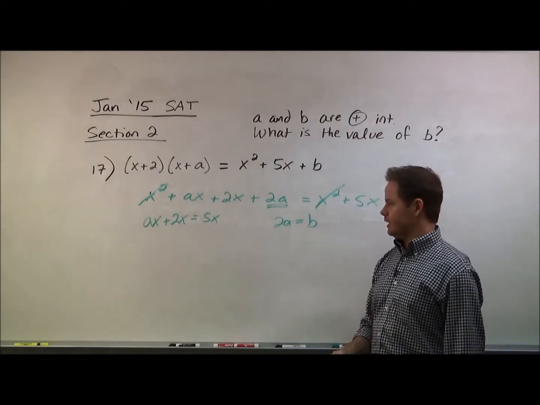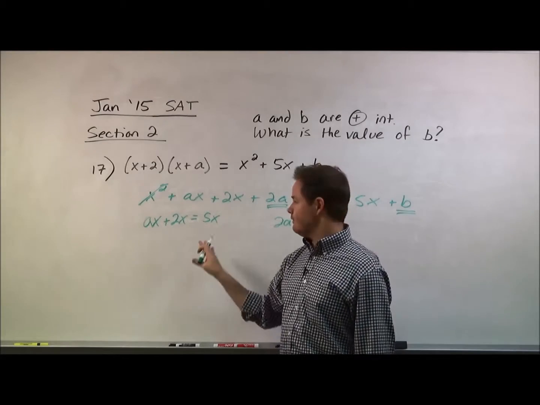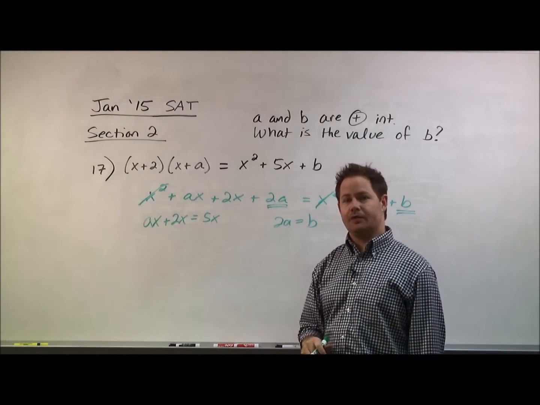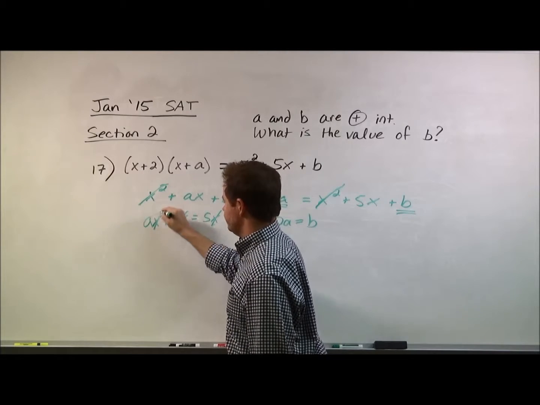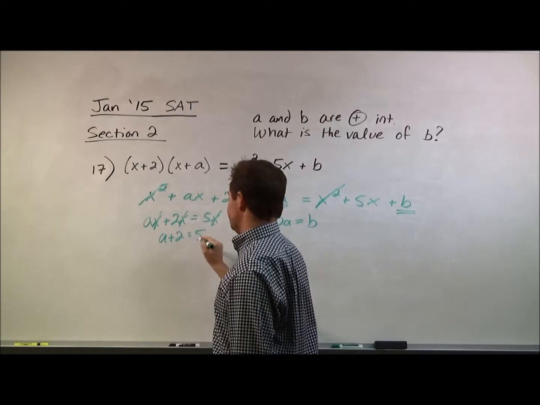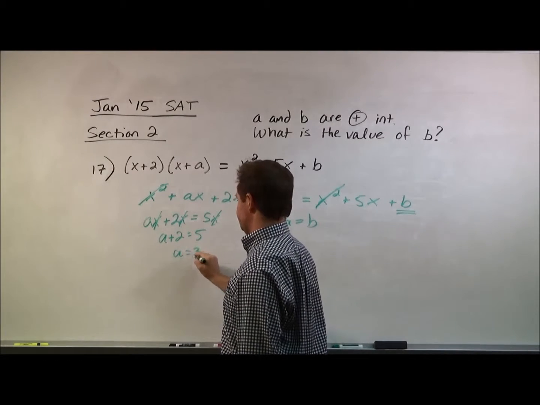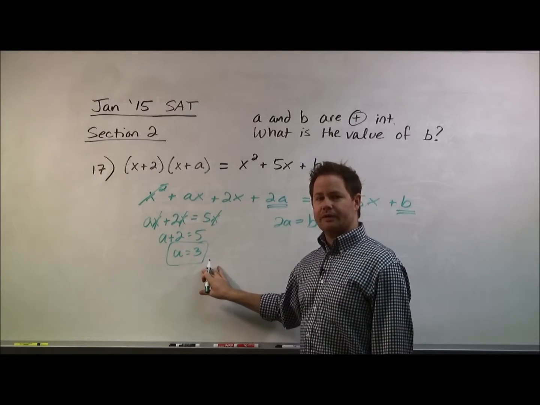Now we can try to go ahead and simplify here. To solve for a, first of all, everything has an x, so if you divide throughout by x, you can cancel out an x from every single term, which means you're left with a plus 2 equals 5, and if you subtract 2, you get a equals 3. So now we have a numerical value for a.